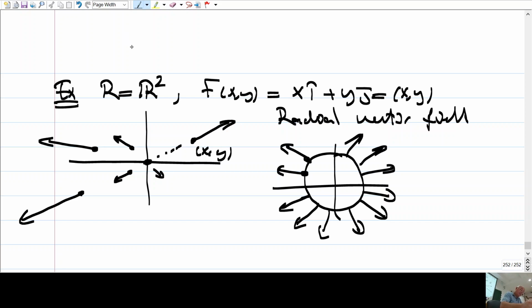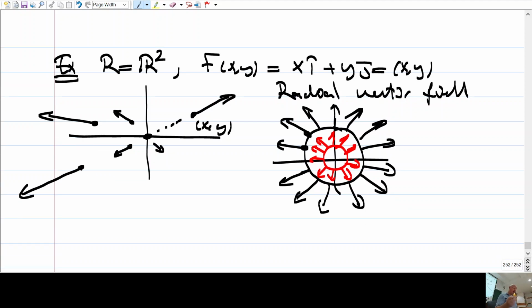If you choose a smaller circle, then it's like this. So as you approach the origin, it gets smaller and smaller. The vector at the point (x,y) is the vector (x,y).